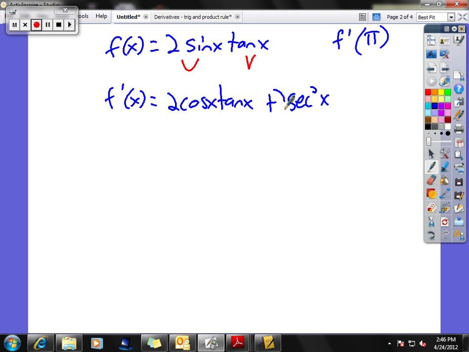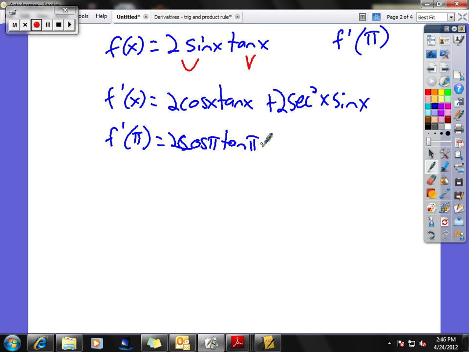I'm going to go ahead and squeeze the 2 in right there so I don't have to rewrite that. Then you would plug in pi into this. So f prime of pi is 2 cosine pi tangent pi.